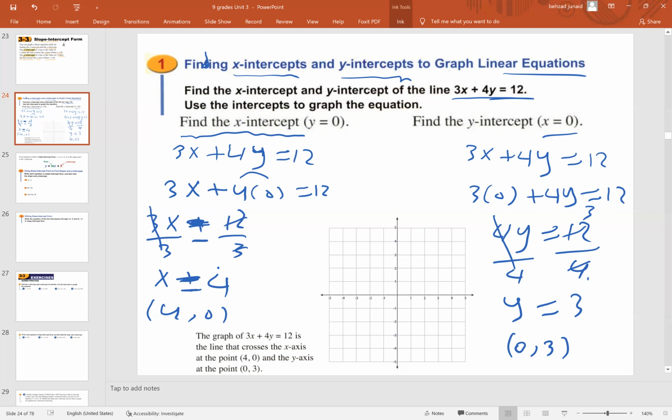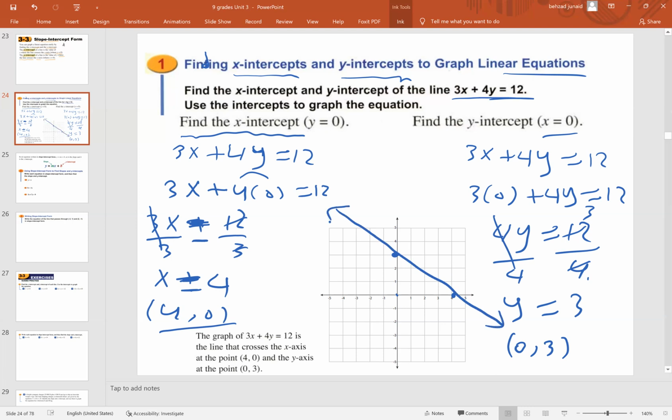On the x-axis, guys, what do you have? We have 4 and 0. This is 4 and 0. And on the y-axis, you have 0 and 3. We have to reach the points just like that.